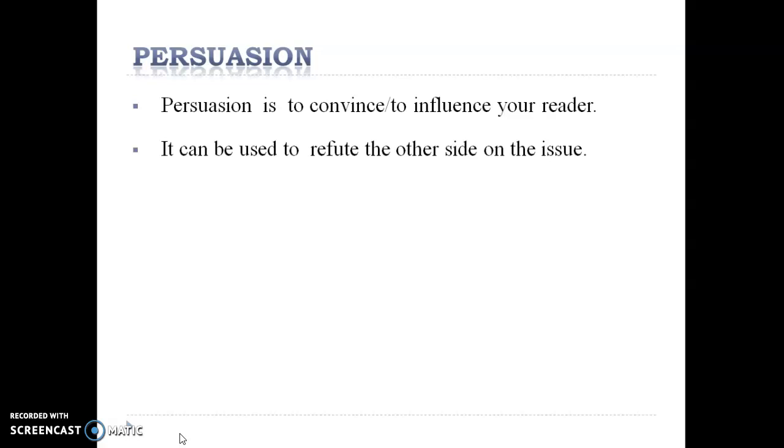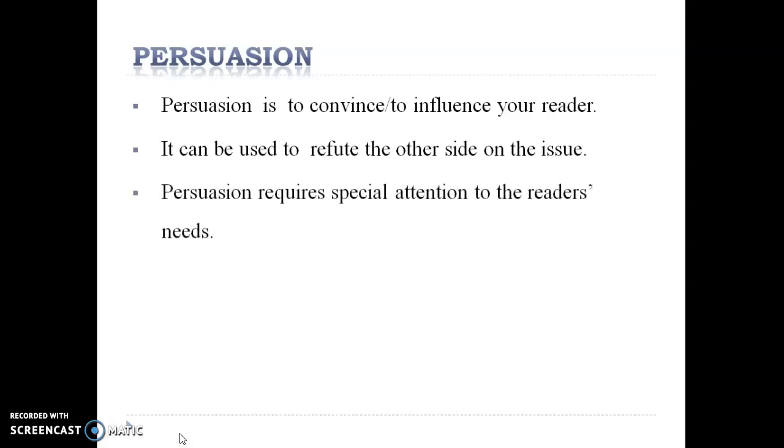That is, if you want to argue the other side on an issue, then you can use the persuasion technique. Persuasion requires special attention to the reader's needs. You can convince more effectively if you keep in mind the needs of your reader.